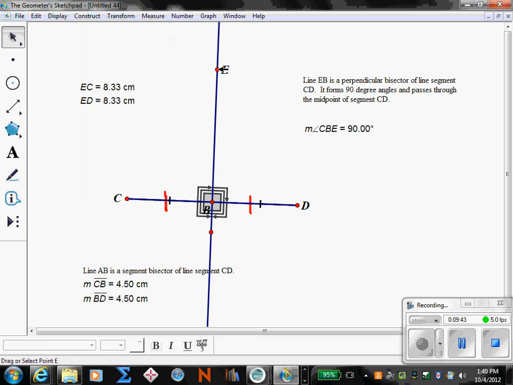If I move point E around, those distances stay the same, no matter where E is on the perpendicular bisector. If you will remember, this is how we constructed our isosceles triangle. So the length from E to the two endpoints is the same, and it is, in this case right now, 8.78.